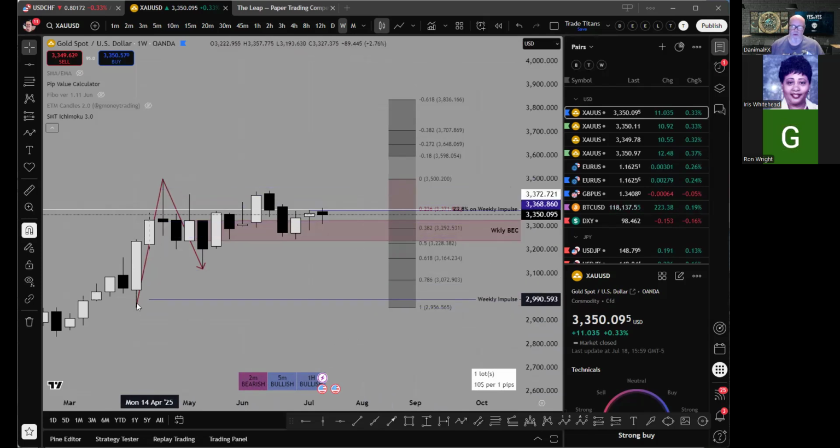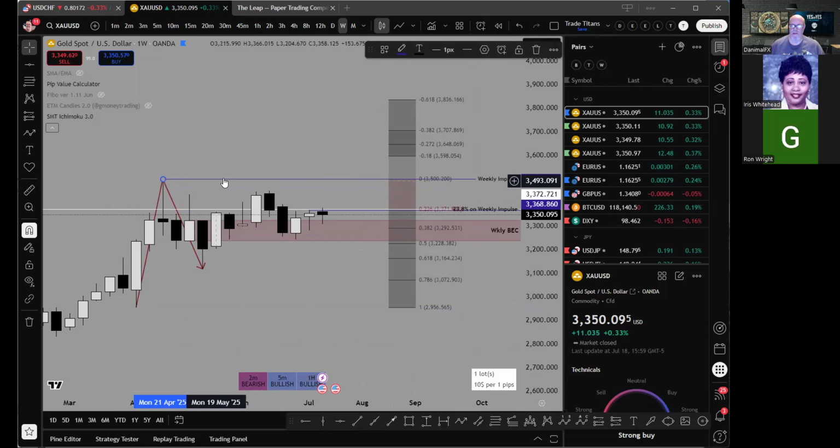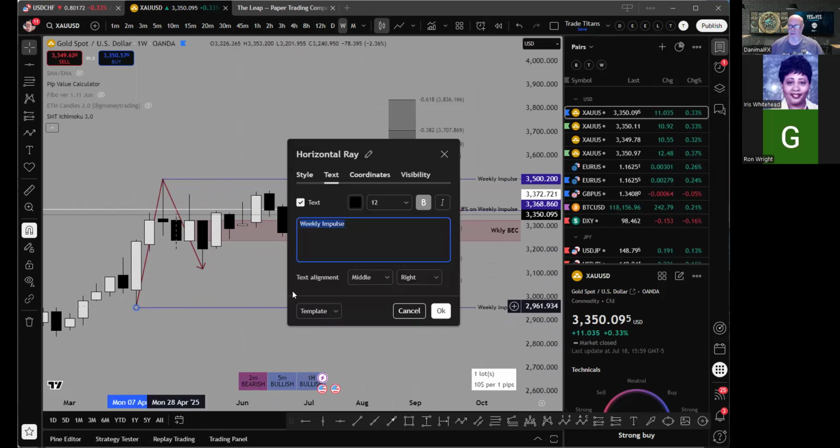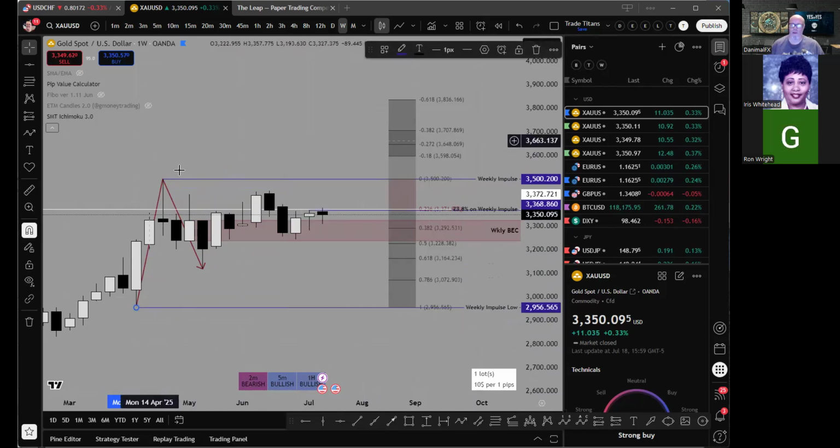And then, oops, wrong one. Leave that there. But see how you can take it and look at it several different ways. Weekly impulse, we got the low. And we got the high.